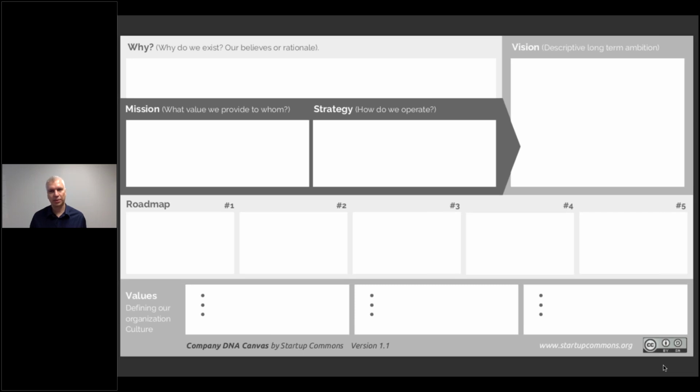And then the roadmap describes, at a high level, where we are in our progress and what our upcoming milestones are. So this could be a 5-year plan, this could be a 2-year plan, whatever that may be, depending on at what level you need to communicate.